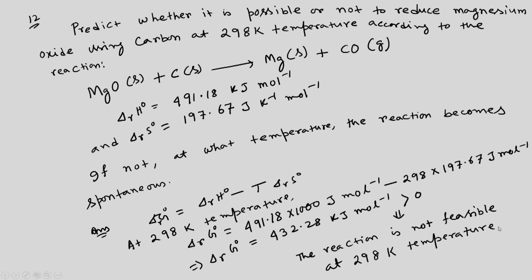So the next part is we need to calculate the minimum temperature required to carry out this reaction. So T we need to calculate. T is delta H naught divided by delta S naught.